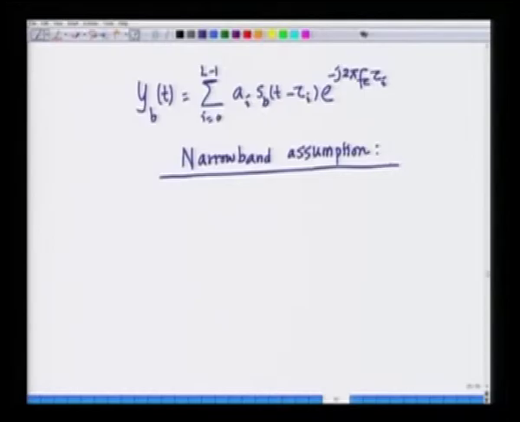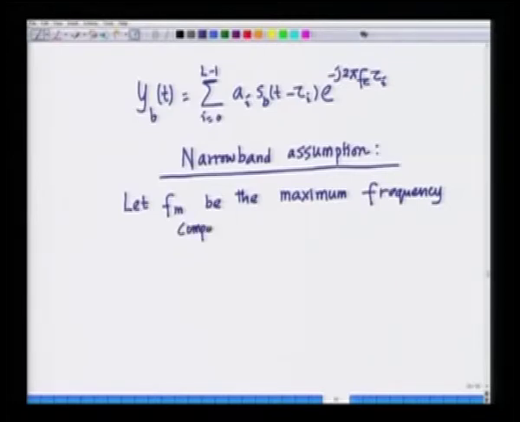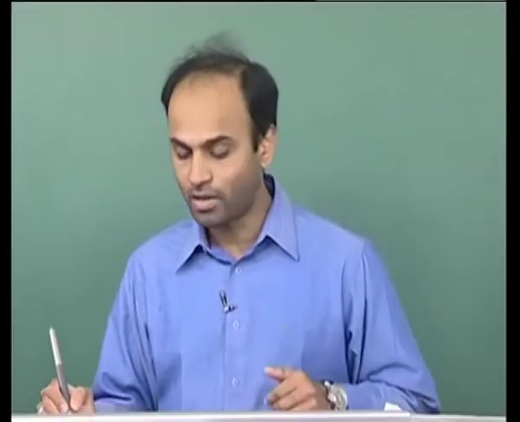The narrowband assumption is as follows. Let f_m be the maximum frequency component of s_b(t), that is, f_m is the maximum frequency component of the transmitted baseband signal s_b(t).